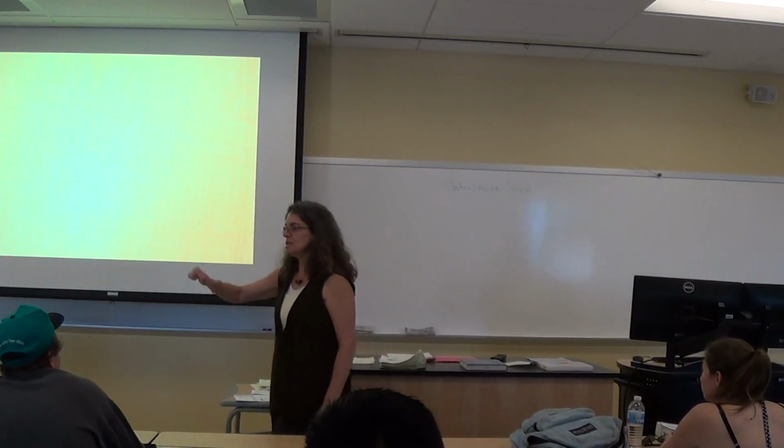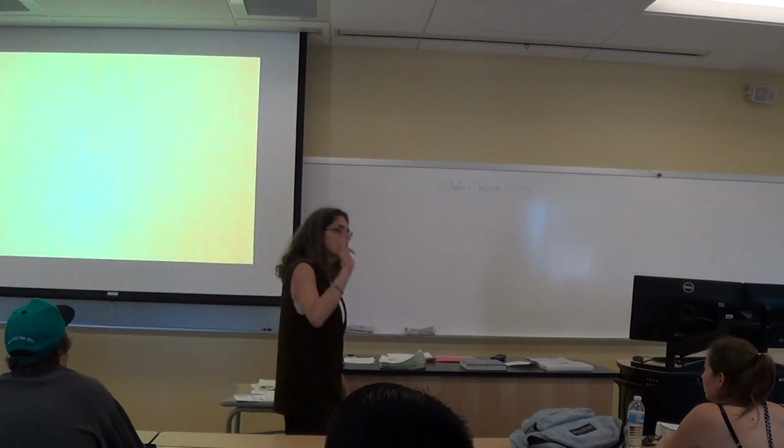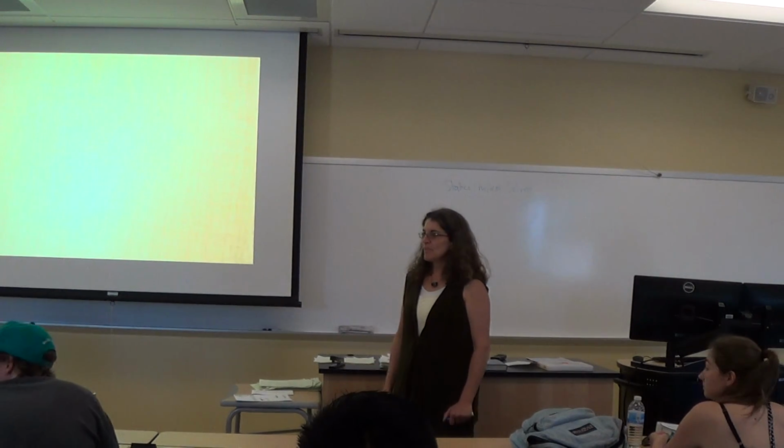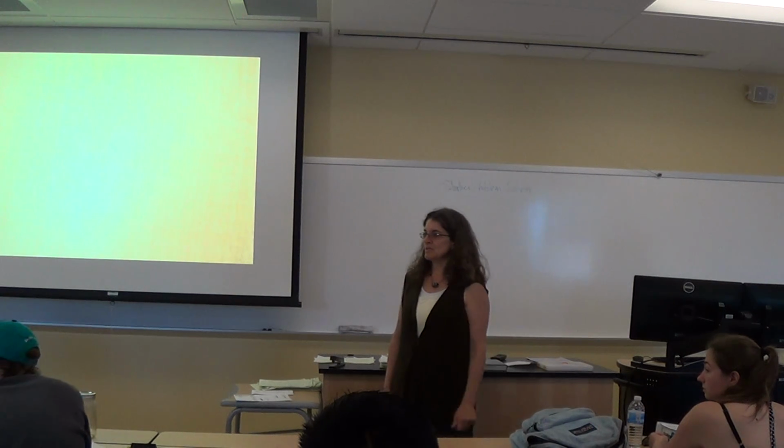Still sum of the forces in the x, sum of the forces in the y, sum of the forces in the z equals 0. And now we also have sum of the moments in the x, sum of the moments in the y, and sum of the moments in the z equals 0. We could have 6 by 6 matrices now.